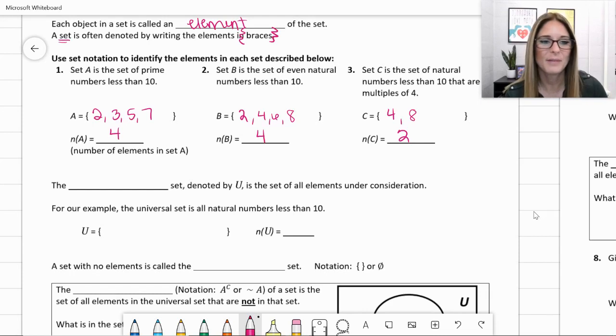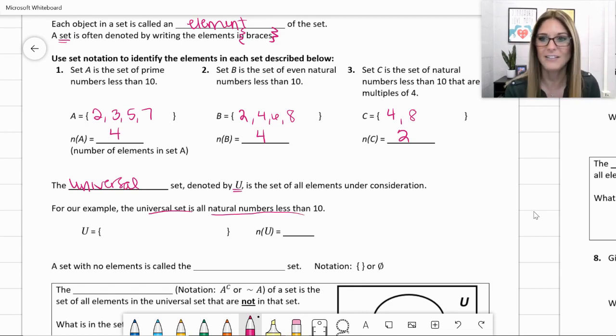Our next vocabulary term is the universal set. Denoted by a capital letter U, it is the set of all elements under consideration. In our example above, what we've been working with so far with example number 1, 2, and 3, the universal set was all the natural numbers less than 10. You can see that above with number 1, it was prime numbers less than 10.